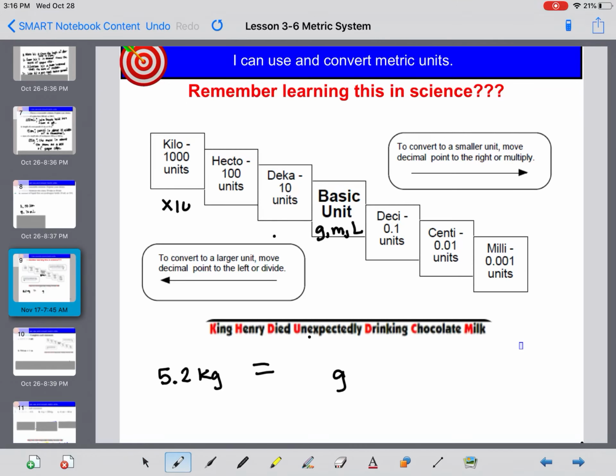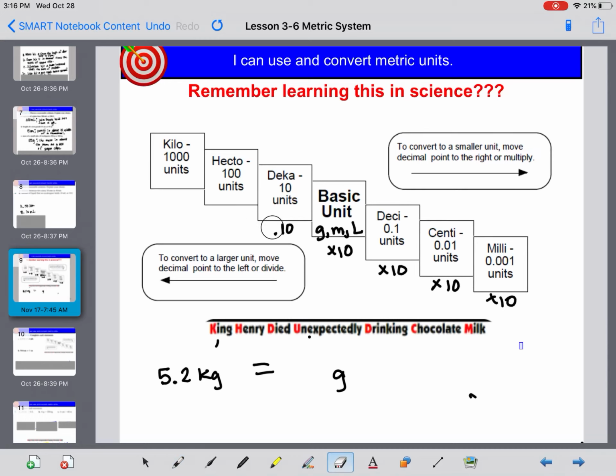The cool thing about the metric system is that each unit is 10 times bigger, or there are 10 times more in each unit as you go to a smaller unit. So to convert to a smaller unit, you simply multiply by 10. Or if you are converting to a larger unit, you divide repeatedly by 10.